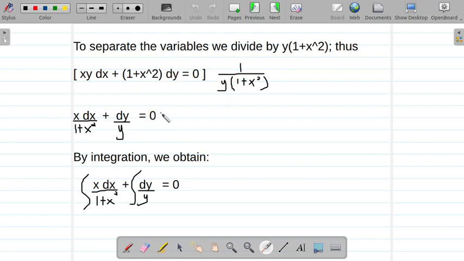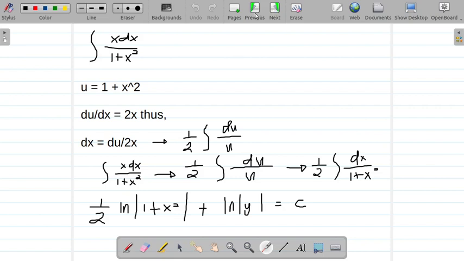is equal to 0. So, we have now separated x in terms of dx and y in terms of dy. By integration, step 2, we obtain the integral of x dx over 1 plus x squared plus the integral of dy over y is equal to 0. Next, first, let us solve the integral of x dx over 1 plus x squared.